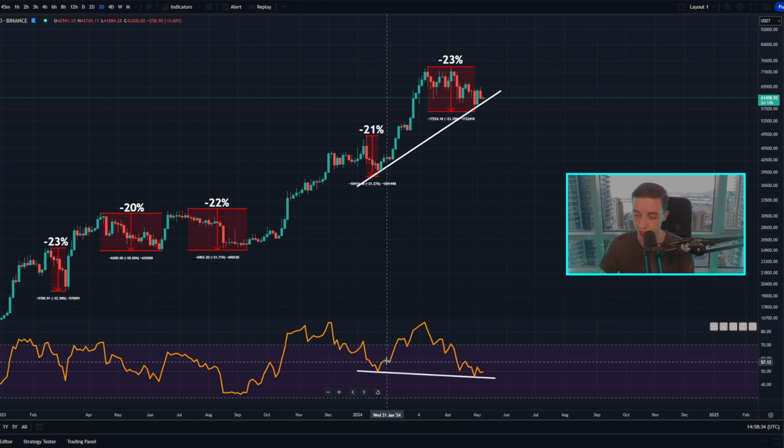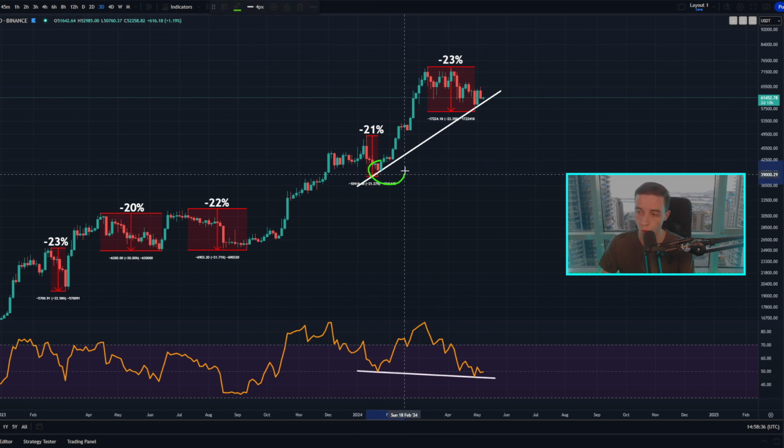Either way, if we're talking about the lows, that is always a bullish divergence. But if we're talking about a divergence between the highs, so for example, higher highs in the price and lower highs in the RSI, or higher highs in the RSI and lower highs in the price, either way, if we're talking about the highs, that's always a bearish divergence.